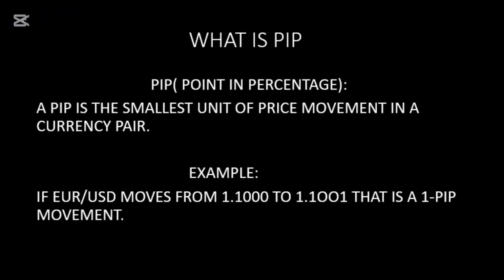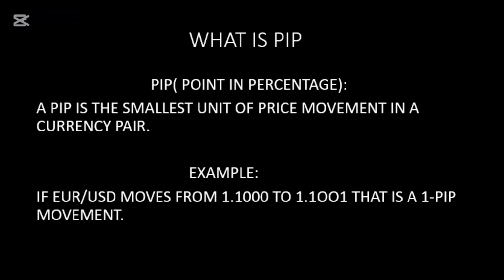Okay, so now we have pip. What is a pip? Pip stands for points in percentage. A pip is the smallest unit of price movement in a currency pair. This is how we measure movement in the market, in price.